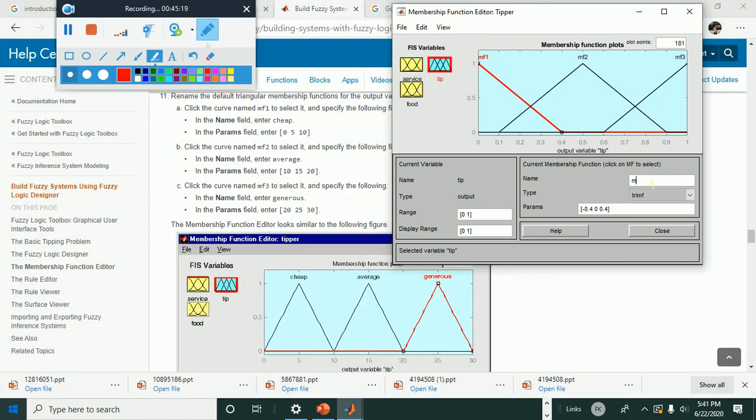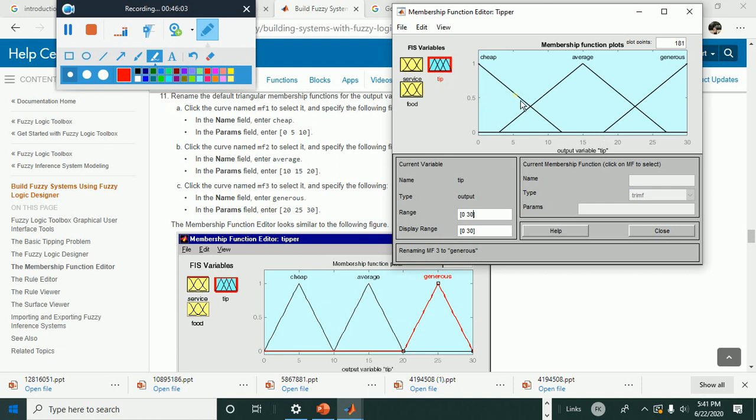MF1 is cheap, and the same trapezoidal function will be used, second one is average, third one is generous, and we will use the range from 0 to 30.